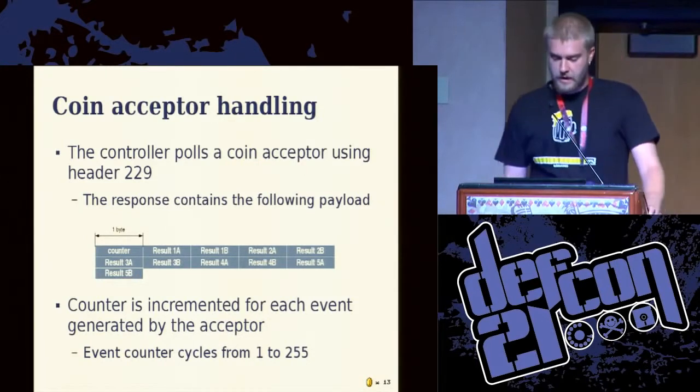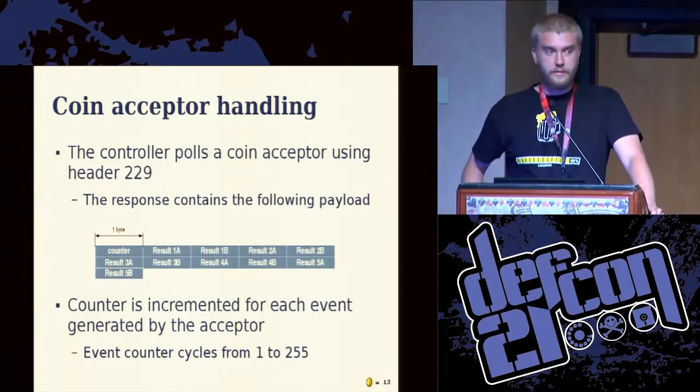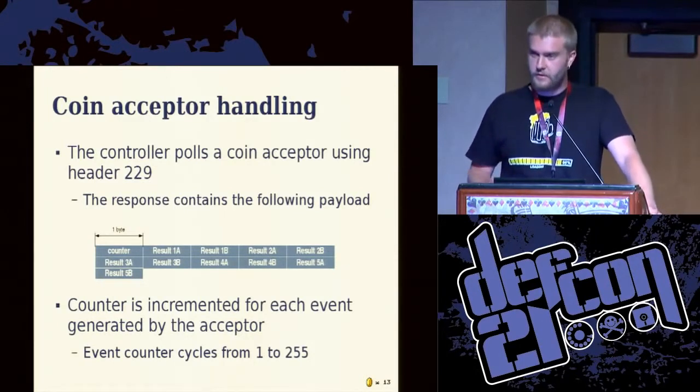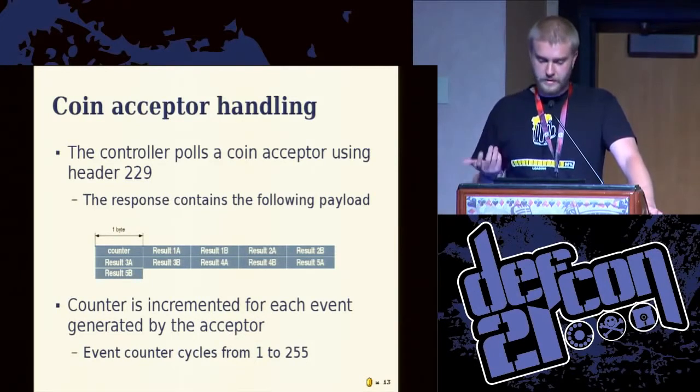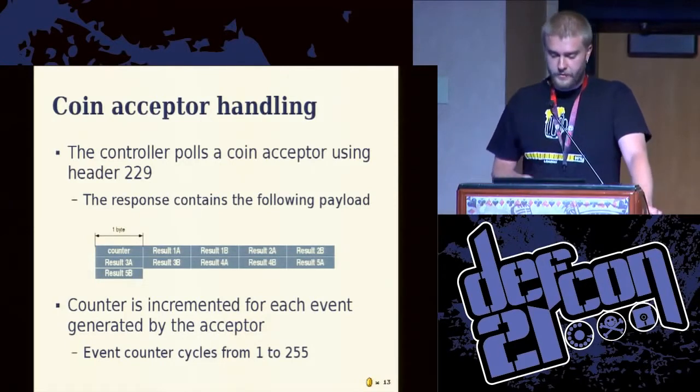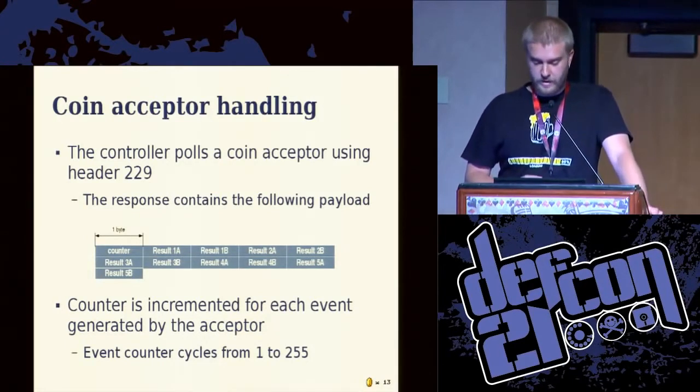Now, I wanted to actually know if a coin was entered, if it was correct, if it was 1 Swiss franc, 2 Swiss francs, etc. So in the documentation, you have a header number 229 that you just send to a coin acceptor, and you receive back 11 bytes. The first byte is the counter, and you have 5 groups of 2 bytes as a result.